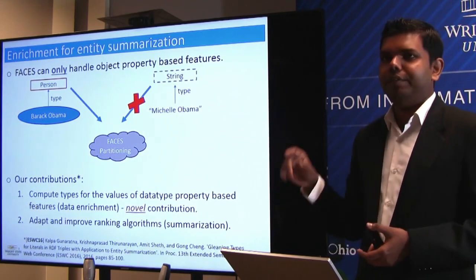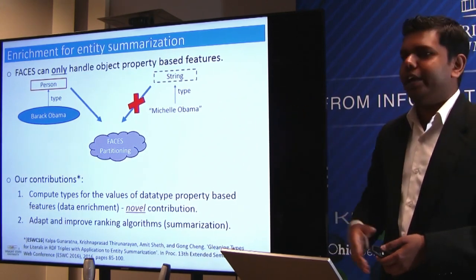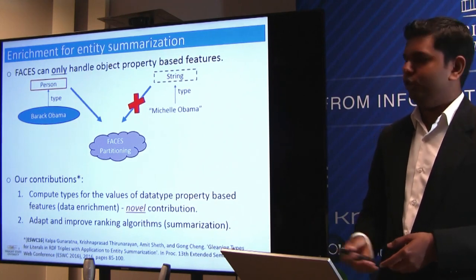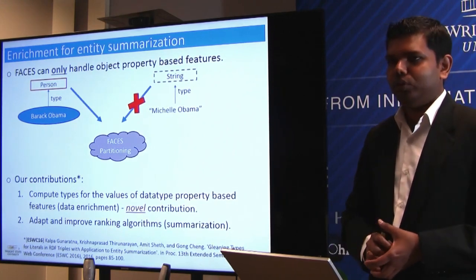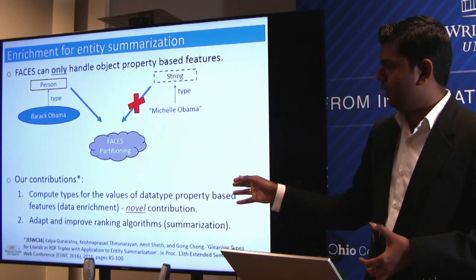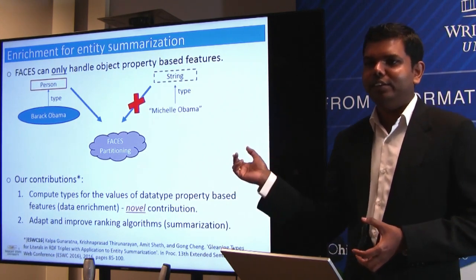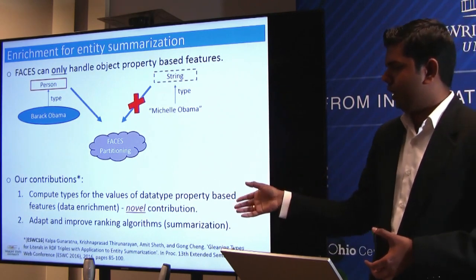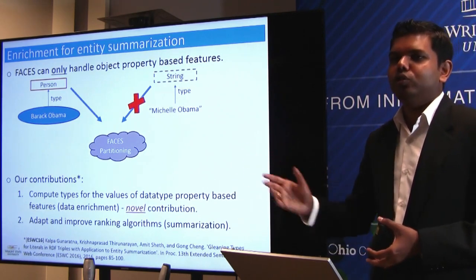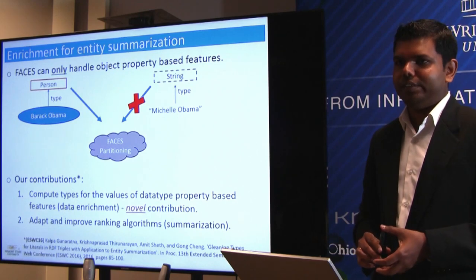Because of that, we don't have the entity typing. We can't use our grouping effectively, so we can't use our facets approach. So what we do here is give a way of typing these literals and also show that after we type them, we can use them in entity summarization.